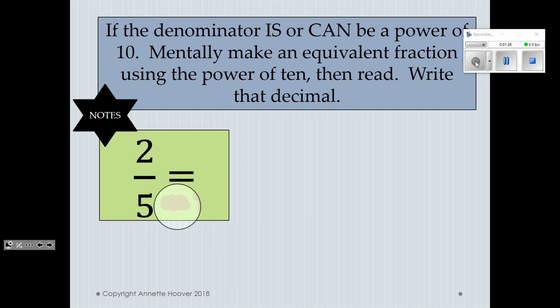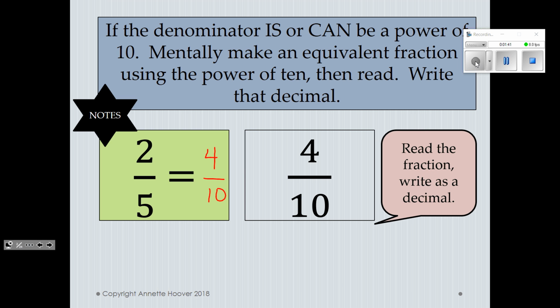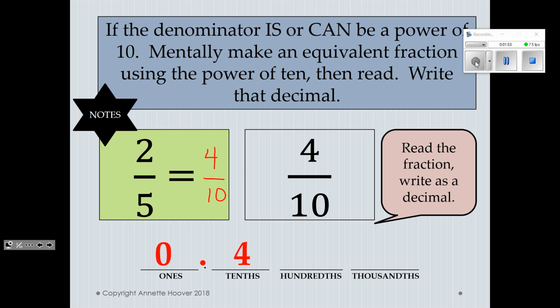I made it into an equivalent fraction with the denominator of tenths. Now when I turn that into 4/10, it reads exactly like the decimal, 4/10. So this is what our goal is, and this is what we're trying to do: if you can easily convert the fraction into tenths, hundredths, or thousandths.